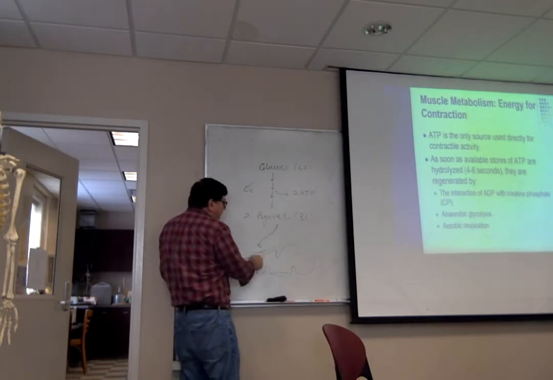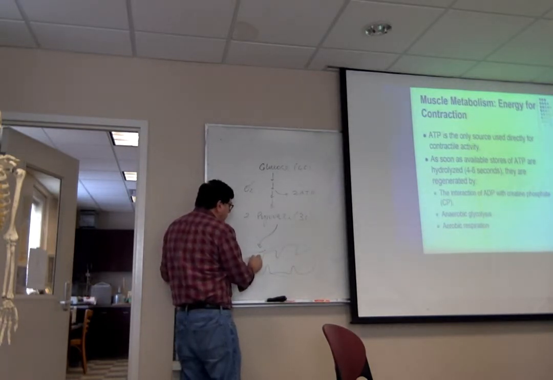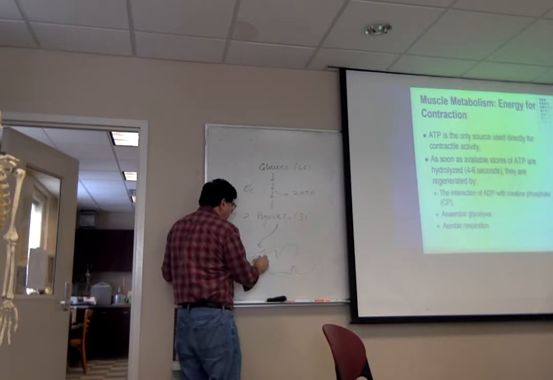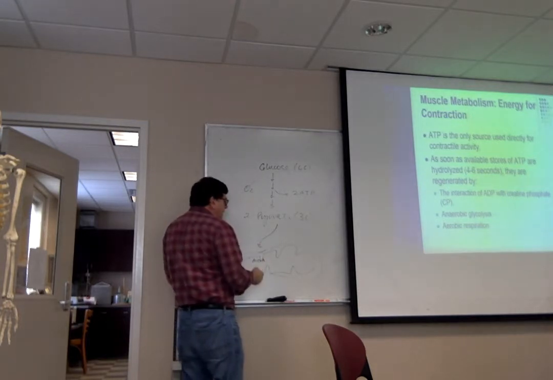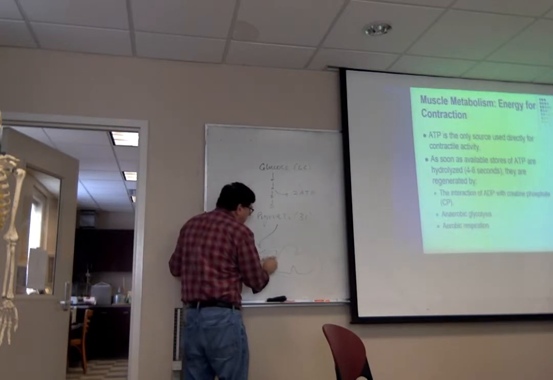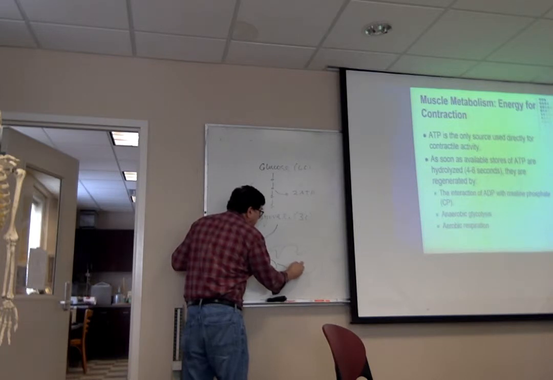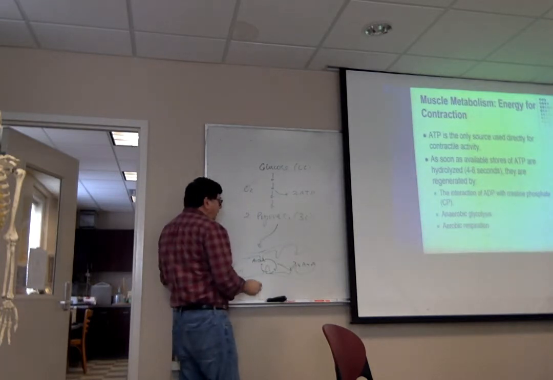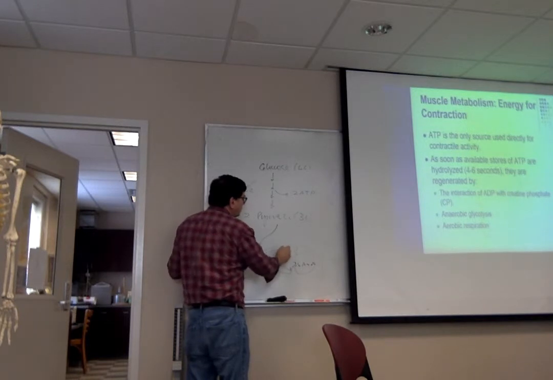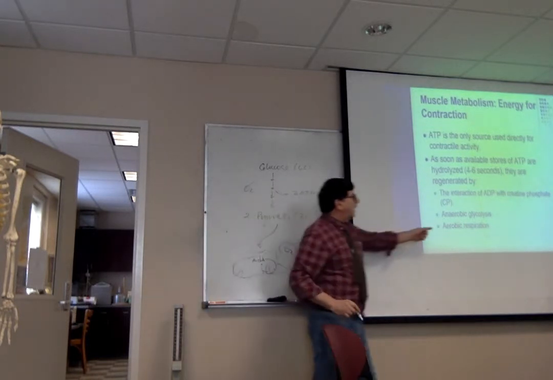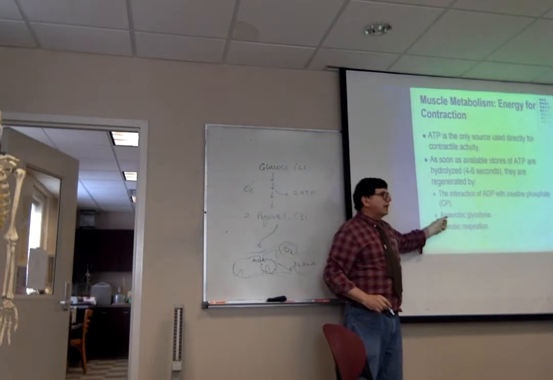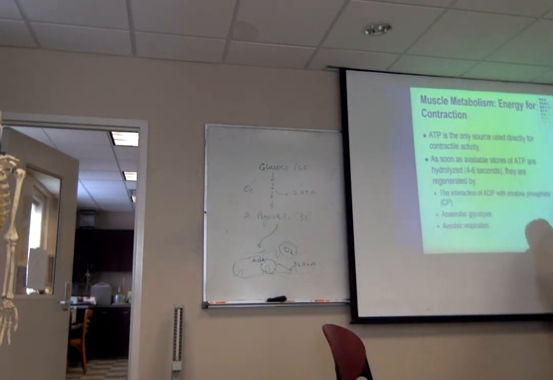In this case, the pyruvate inside the mitochondria is going to be converted to acetyl coenzyme A, and that is then going to enter into this Krebs cycle, a series of reactions that generates about 36 molecules of ATP. This Krebs cycle, this aerobic respiration, requires oxygen. That's why it's called aerobic. Glycolysis is anaerobic. It doesn't require oxygen. So these are different mechanisms by which muscles can generate ATP to continue to contract.